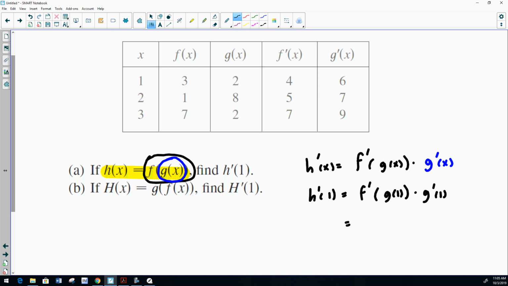Okay, the first one I'll do in blue. G prime of 1 is right here, 6, so that's going to become the number 6 times. This part will be in green. G of 1 is 2, so 2 is going to slide in there. F prime of 2, I'm going to put a blue box around this. F prime of 2 is this blue box 5.